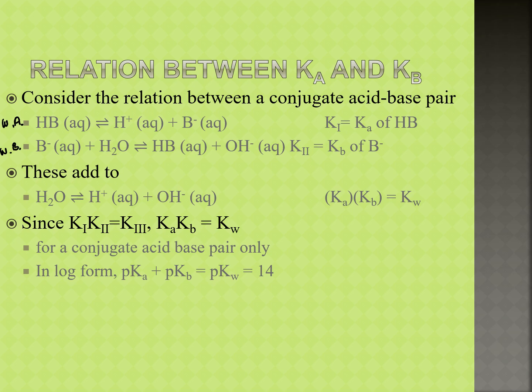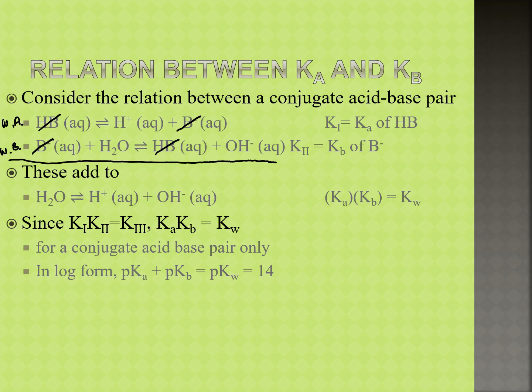And so remember, if I couple reactions together, these add. When I couple reactions together, anything that's a product and a reactant, we can cancel out. And so those things are going to get canceled out, and we're going to be left with water as our reactant in equilibria with H plus OH.